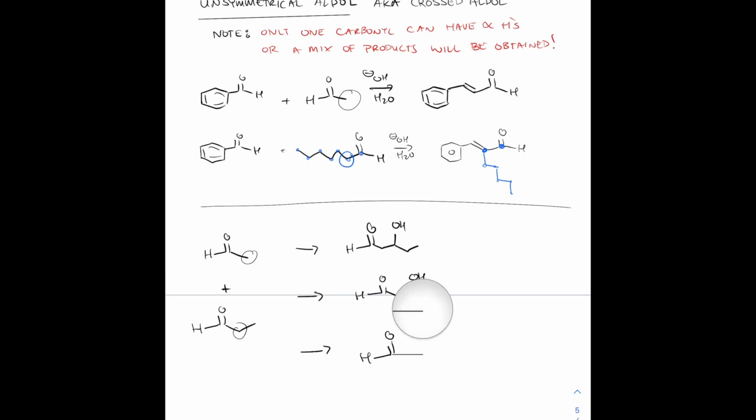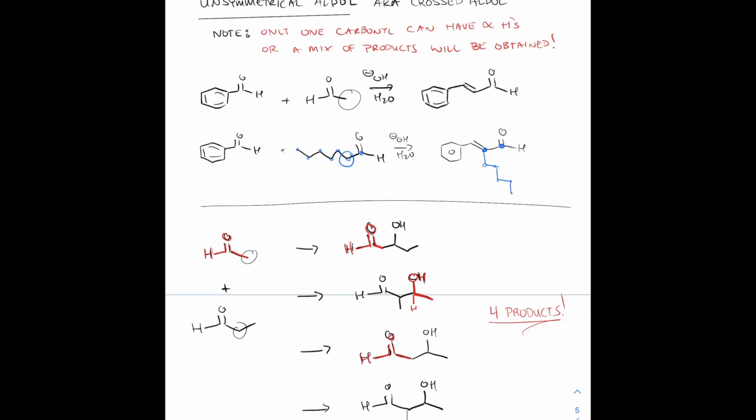So let's say we had these two aldehydes, and either one of these aldehydes can react as the nucleophile and attack the other, or it can attack another one of itself. That's two different things. Or that same aldehyde can act as an electrophile and get attacked by the other one. And then that ultimately leads to 4 products.